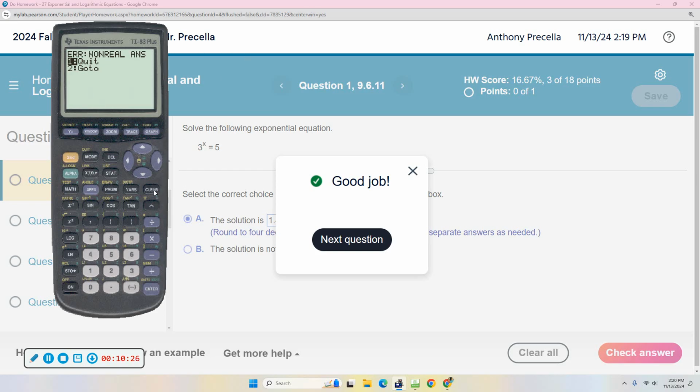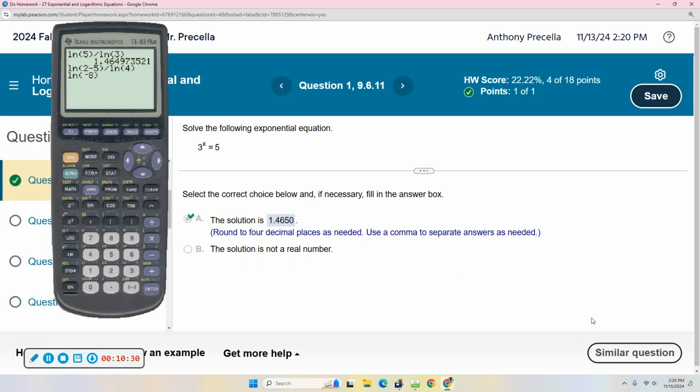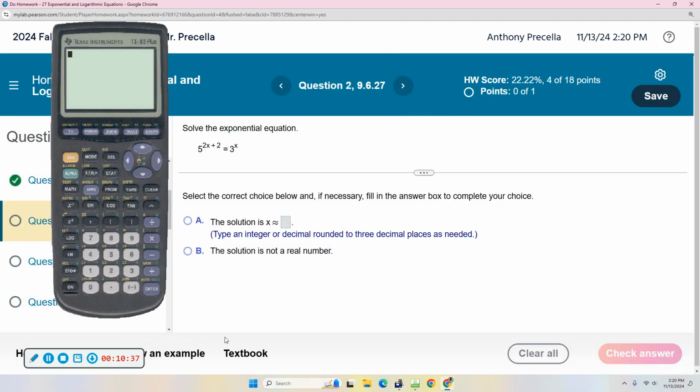Then you would choose that answer that it's not a real number. And when else did we see that warning, error sign, non-real answer? If it's not a real number, what is it? An imaginary number. It's going to turn out that the answer would have to be an imaginary number.